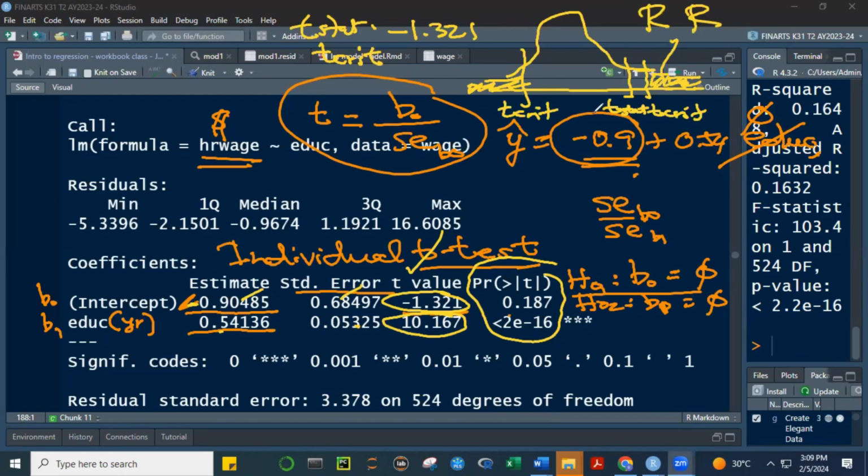Dito sa region na to. Ito yung critical natin, tapos the region to the left of t-critical, or here, the region to the right of t-critical. What do you call this region, class?